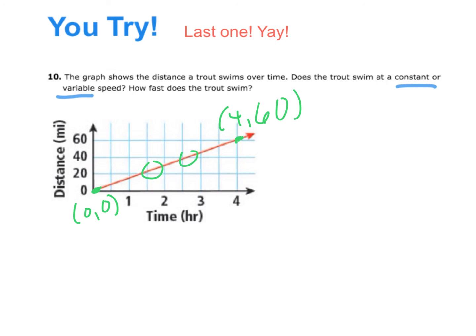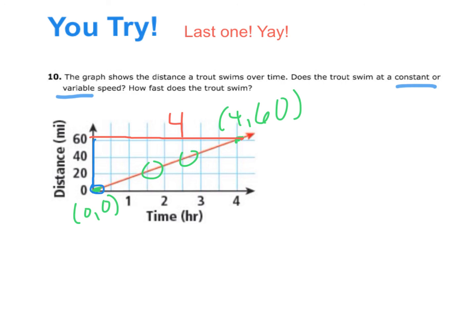So my change in y over my change in x. So my rise over my run. So if I use this as my starting point, how far did I go up to get to 4, 60? 20, 40, 60. And how far did I go over to get there? 1, 2, 3, 4.